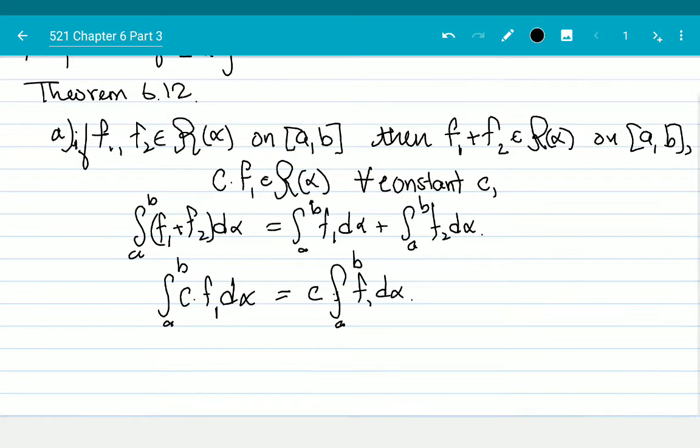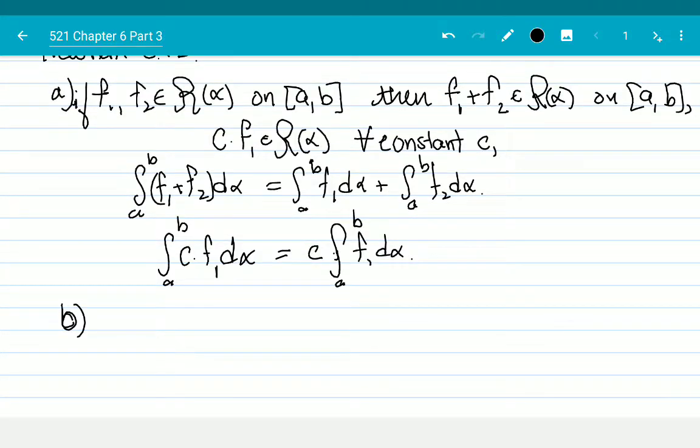Okay, so you can pull out the c from the integral. All of these are properties you have seen before for Riemann integrals, probably in Calc 3, right? When you first get introduced to integration, maybe Calc 2, I don't know, depending on the course you took.